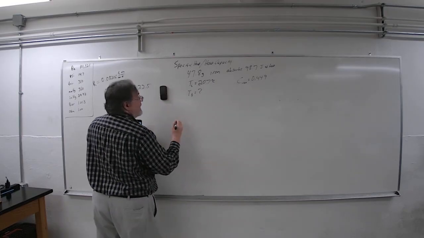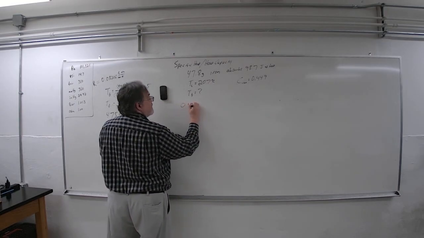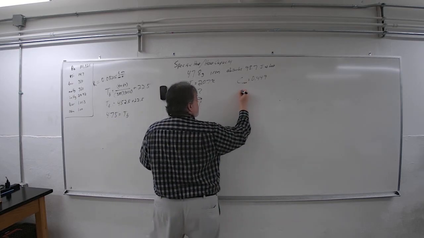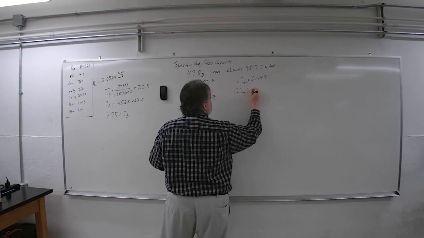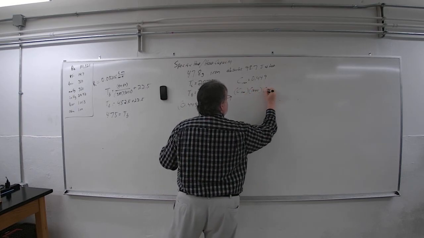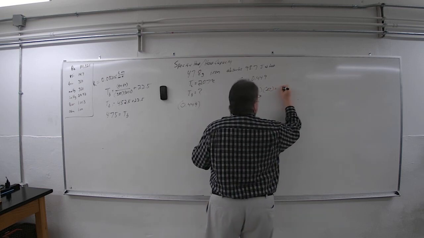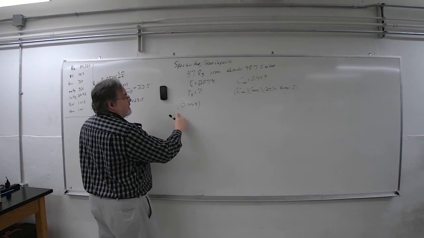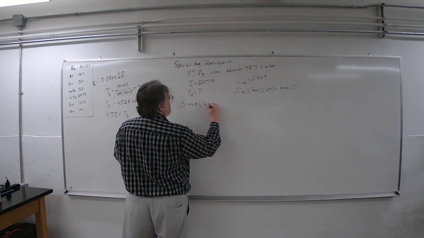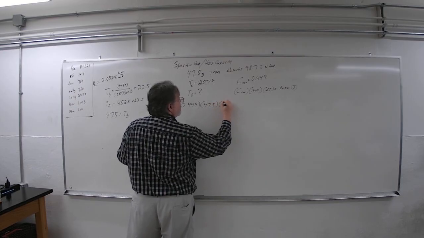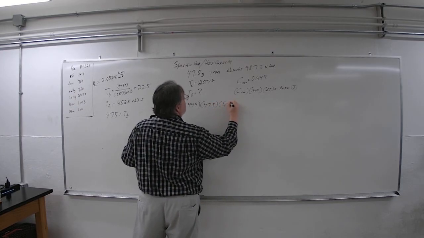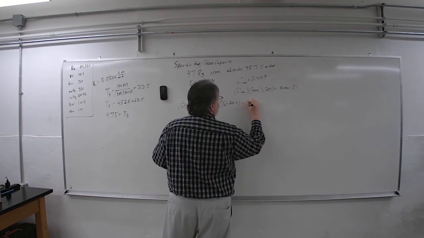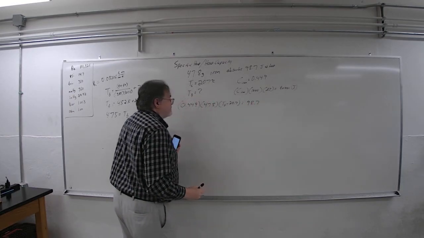So I'll start by setting it up by saying heat capacity of iron times mass times delta T equals energy, in this case joules. The mass is 47.8 grams. The delta T is T final minus 20.7, and what was transferred is 98.7 joules.